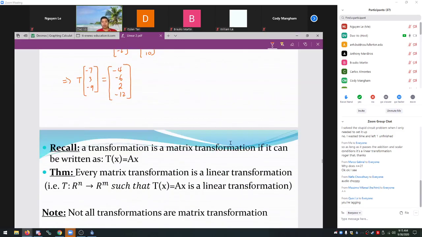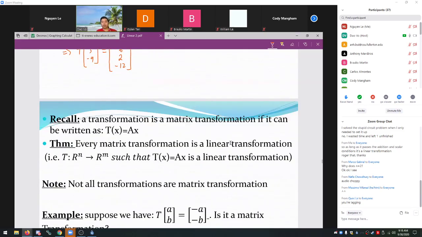Now, every matrix transformation is a linear transformation. That's a very nice thing to have, right? So meaning that if you know it is a matrix transformation, then you also know it is a linear transformation.